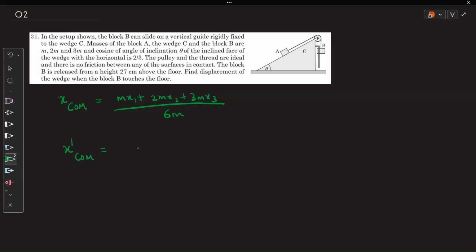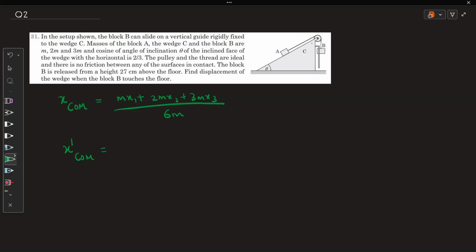In the final, the mass m, which is block A, is moving up the incline and block B is moving down. If we are considering with respect to C and our frame is fixed with respect to C, then block B is going down, so the x coordinate of block B won't change, and wedge C is also not changing, and A is going right.